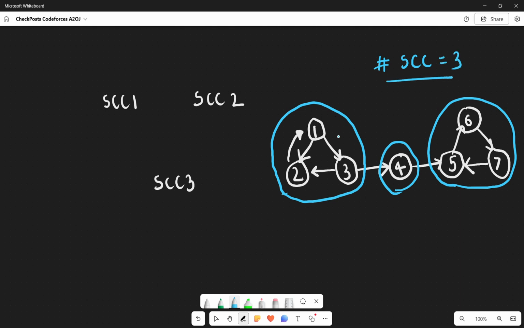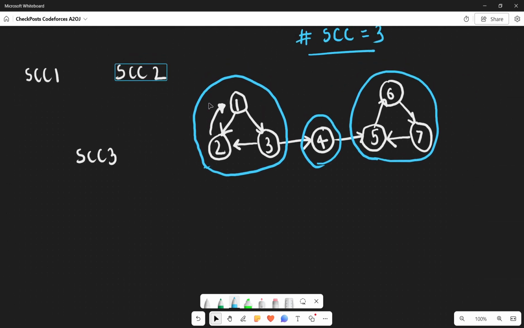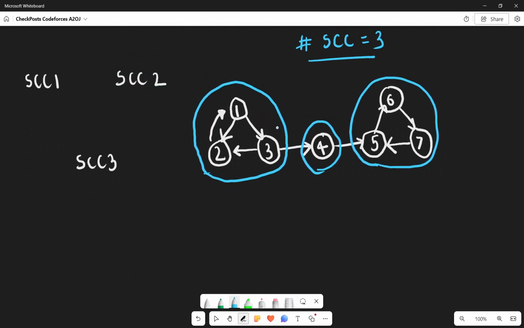Okay, so how do we find that? So we perform the DFS on 1. When I start to perform DFS on 1, suppose I go to 3, I go to 2, I go to 4, I go to 5, I go to 6, I go to 7.